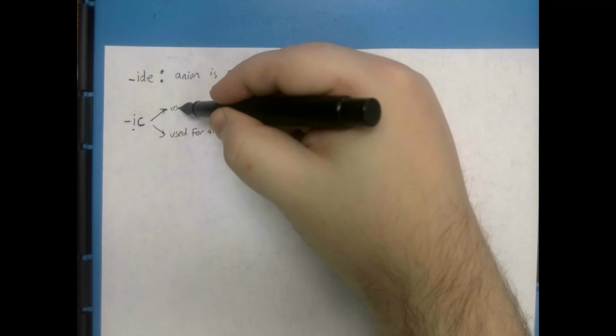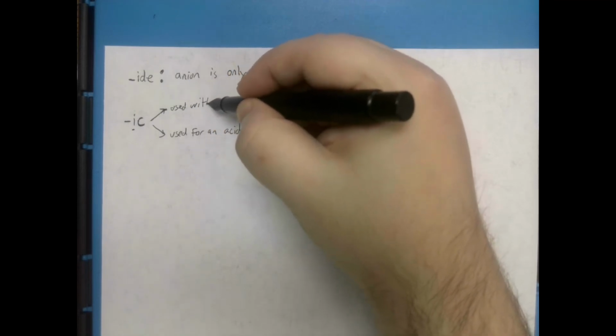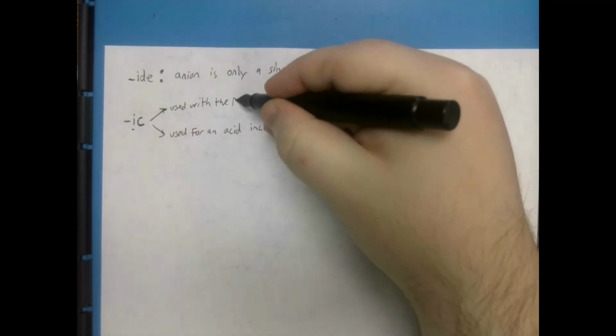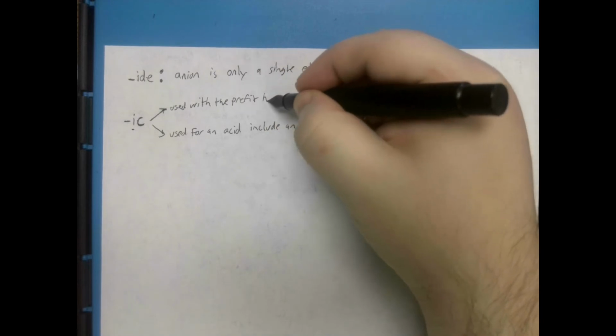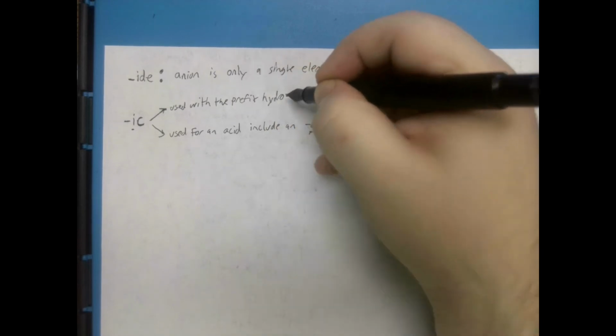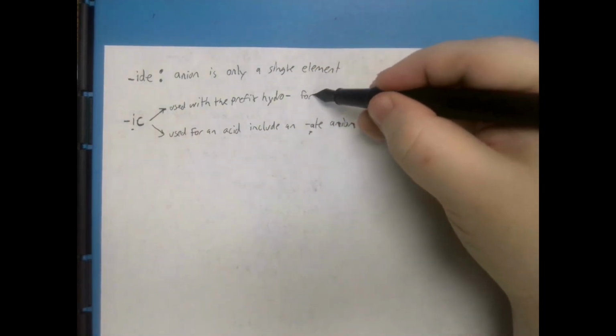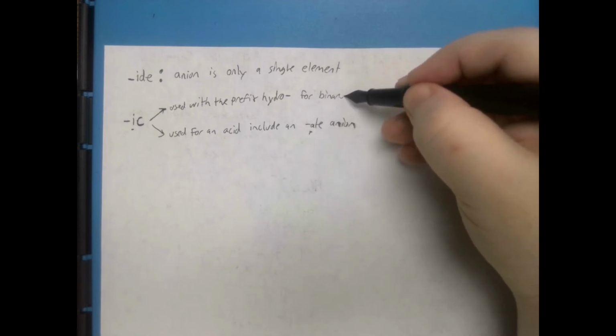-ic is used with the prefix hydro for binary acids.